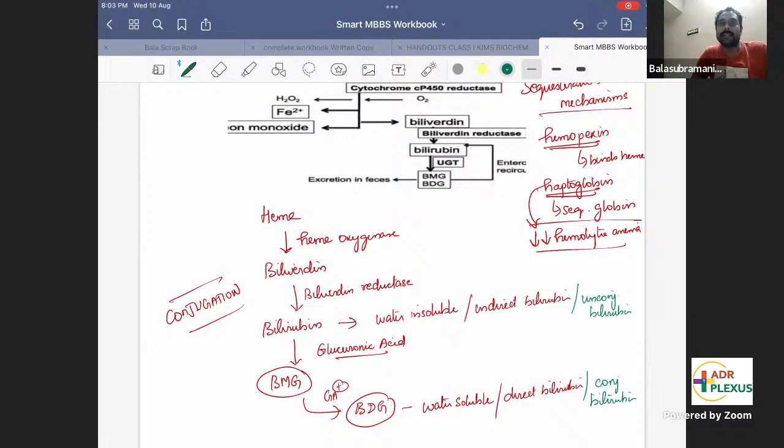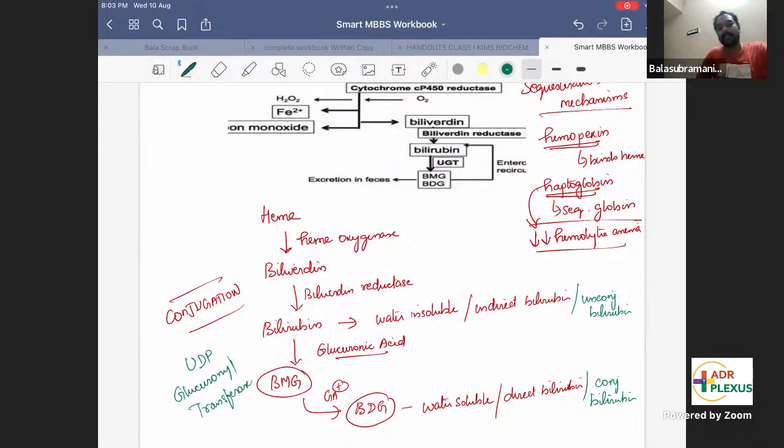Now, which molecule converts a water insoluble bilirubin into a water soluble bilirubin? That molecule is glucuronic acid. Now, which enzyme does this conjugation? The enzyme name is UDP glucuronyl transferase.